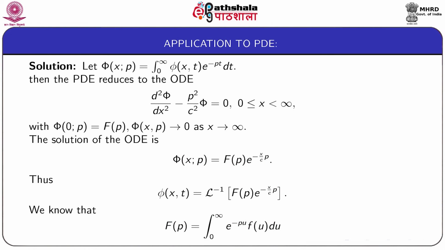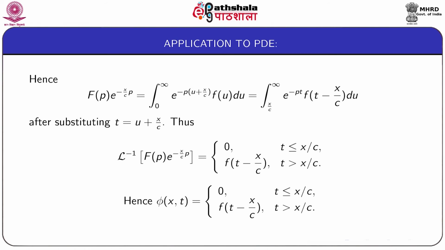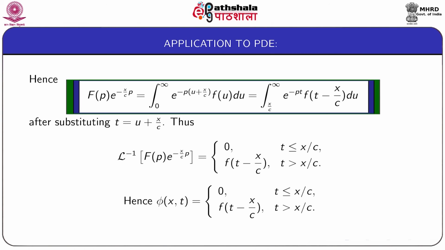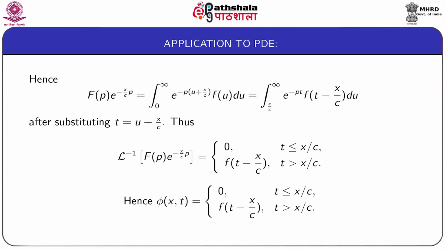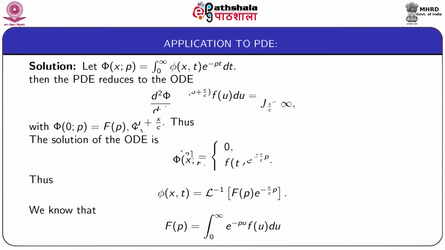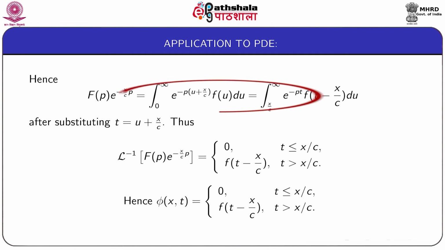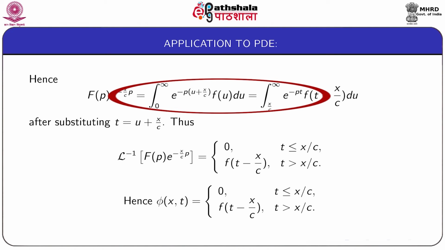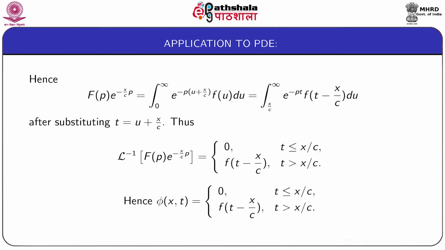Now capital F(p) is the Laplace transform of small f(t), and we know that capital F(p) is equal to integral from 0 to infinity e to the power minus pu small f(u) du. Hence, capital F(p) into e to the power minus x by c into p, substituting the value of capital F(p) from here, can be written as integral 0 to infinity e to the power minus p(u plus x by c) small f(u) du.